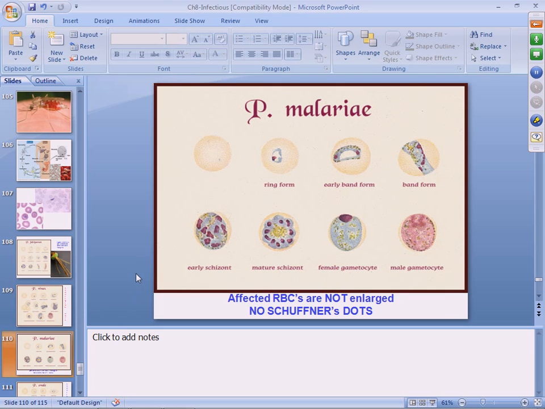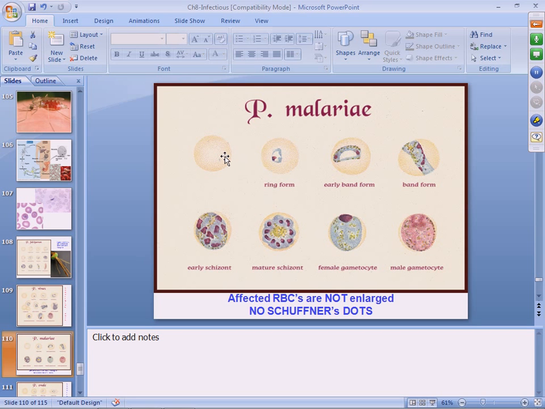Here's Plasmodium malariae. It does not have big gametocytes, but like all the others, it'll have a ring form, it'll have schizonts, but it doesn't have Schuffner's granules.